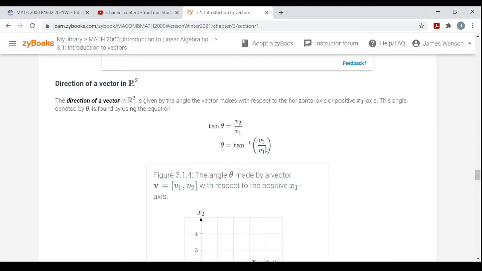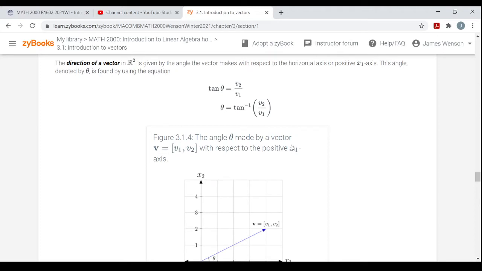Now you have to be careful with this. The inverse tangent of some number will only be an angle from negative 90 degrees to 90 degrees. So you're not getting an angle that takes you all the way around the coordinate plane. Negative 90 degrees to 90 degrees from the positive x-axis is only quadrants 1 and 4.